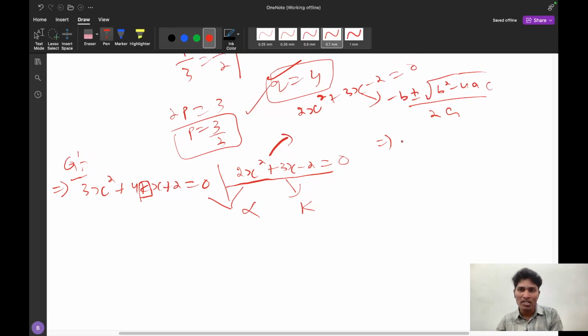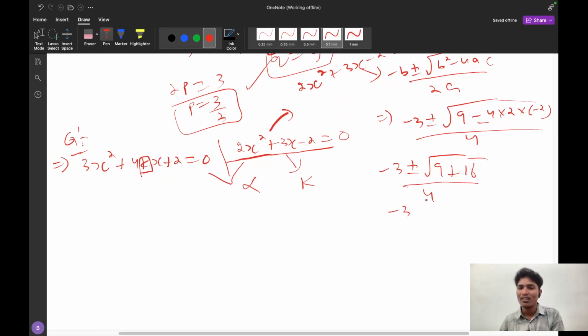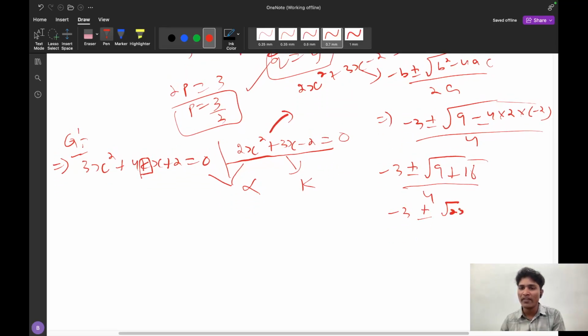So minus b is minus 3, plus or minus root of 3 square, which is 9, minus 4 into 2 into minus 2, divided by 2a, which is 4. Minus 3 plus or minus root of 9 plus 16, divided by 4. Minus 3 plus or minus root of 25 divided by 4.